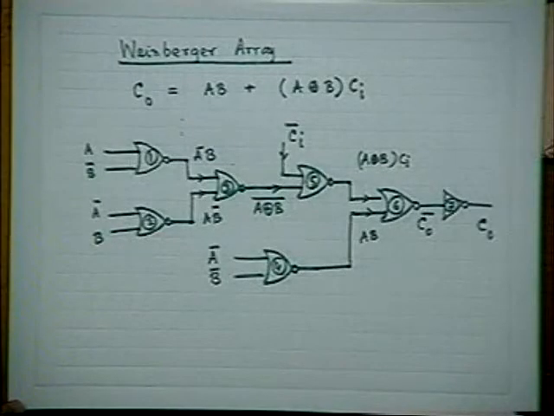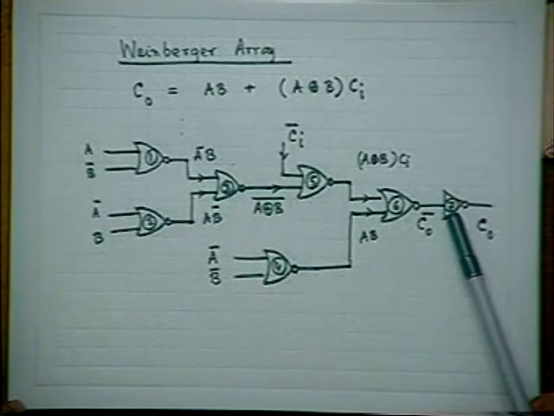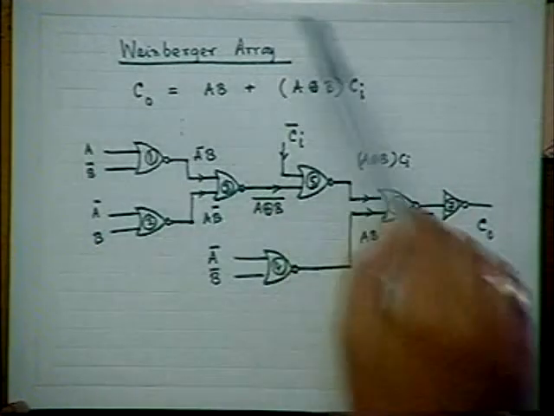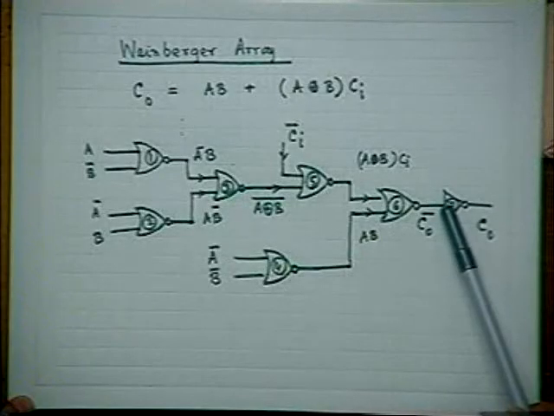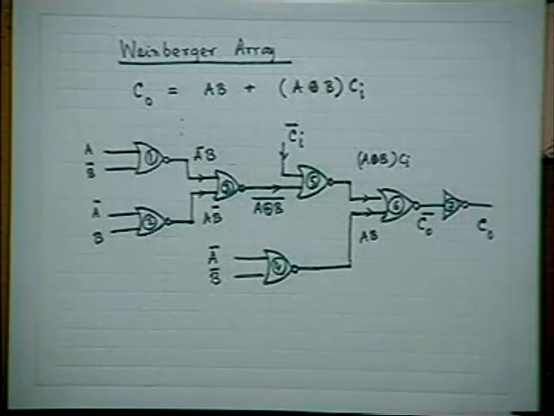How many load transistors will be required here? 7. 7 load transistors will be required. And how many NMOSes will be required? Because these are all 2 inputs, excepting the last one, double the number. That's the requirement.